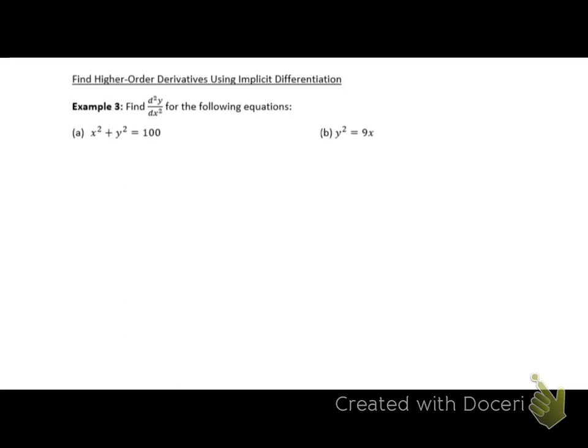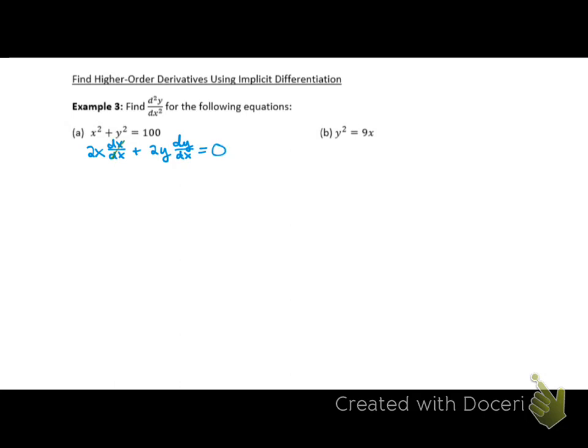So for part A, we are going to do the implicit differentiation like we did before. So we take the 2, move it to the front, so we get 2x dx/dx plus 2y dy/dx equals 0.